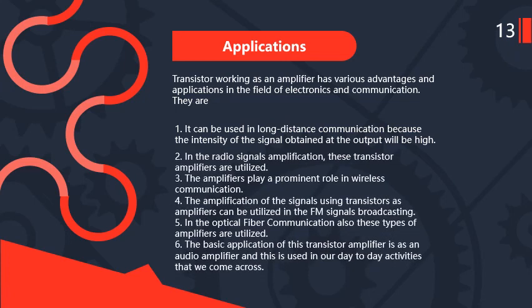Number 2, in radio signal amplification, these transistor amplifiers are utilized. Number 3, the amplifier plays a prominent role in wireless communication. Next, the amplification of signals using a transistor as an amplifier can be utilized in FM signal broadcasting.